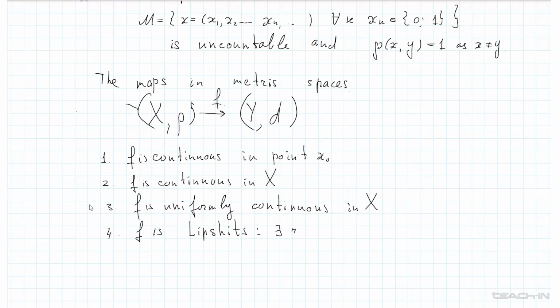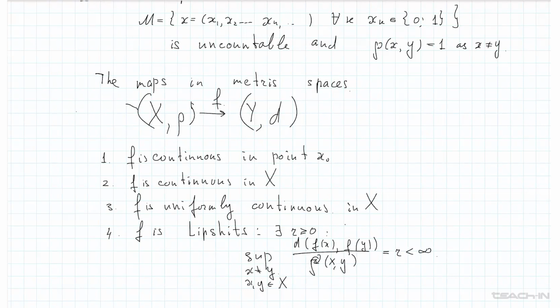There exists a non-negative number R such that the supremum over all x and y from X of d(f(x), f(y)) over rho(x, y) is at most R, and this is the Lipschitz constant.